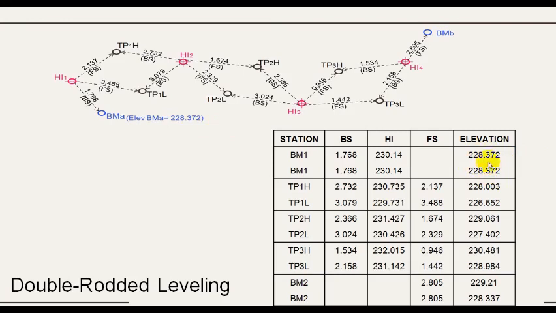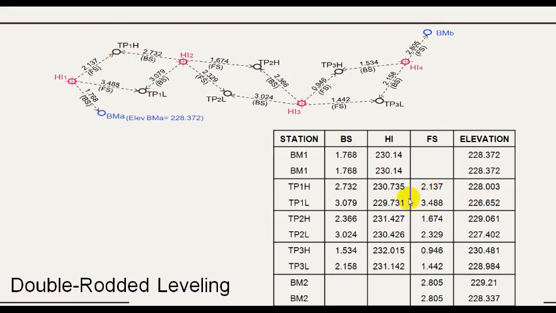Then for the backsight reading, for the two level routes it is the same for BMA, which is 1.76. Then for the foresight reading we have two: the foresight reading at turning point 1L is 3.488, then the foresight reading at turning point 1H is 2.136.